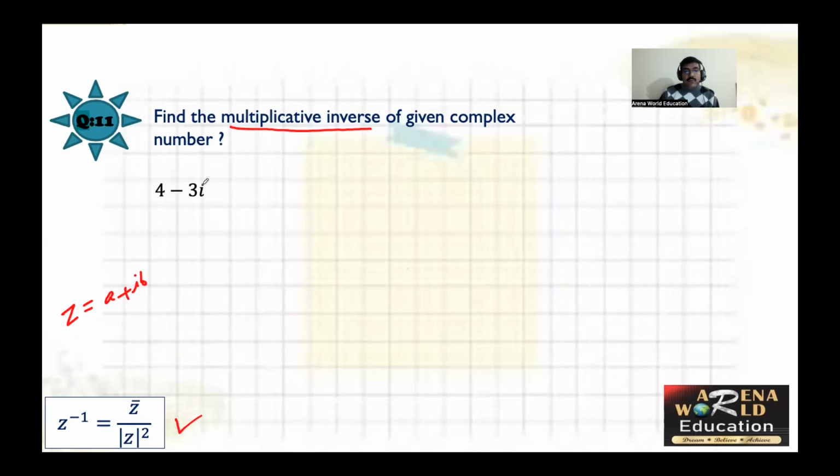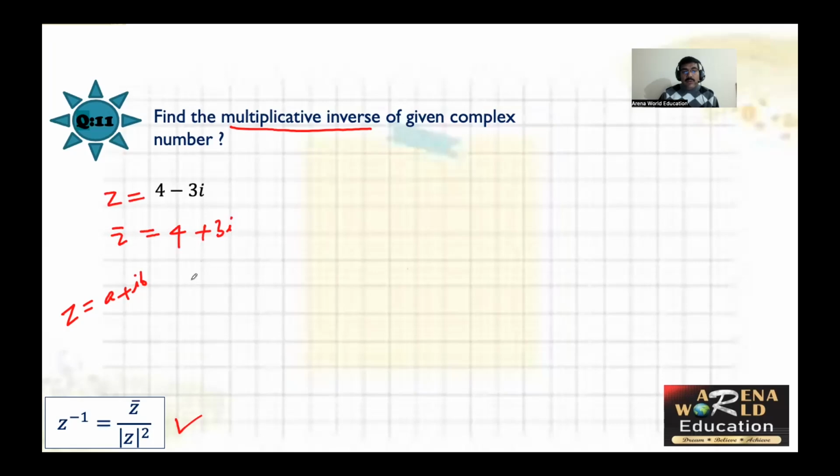So first of all, this is the given complex number. Its conjugate is very easy: minus 3 becomes plus 3, so this will be 4 plus 3 iota.